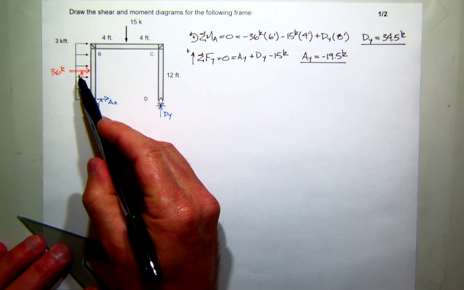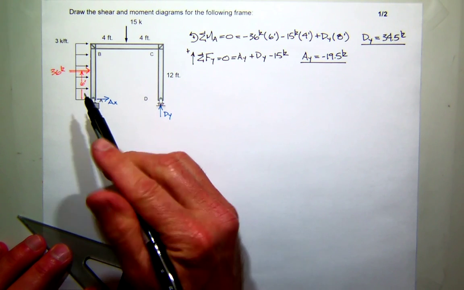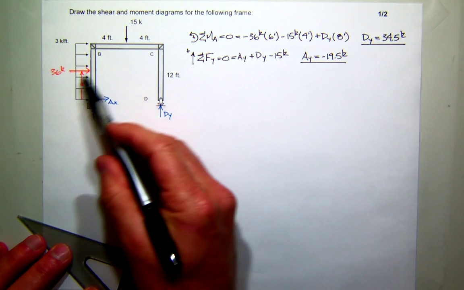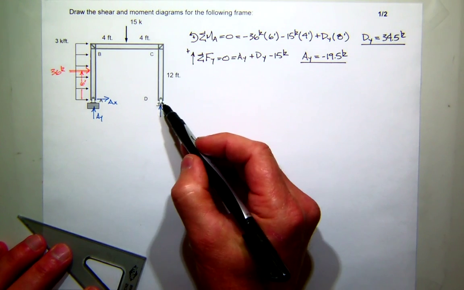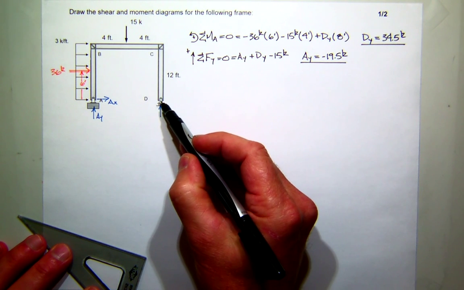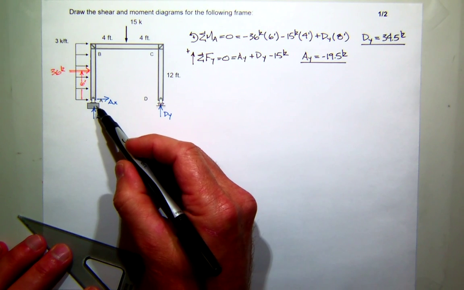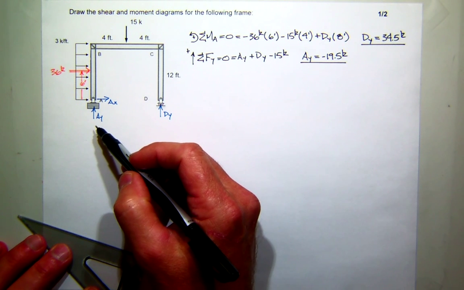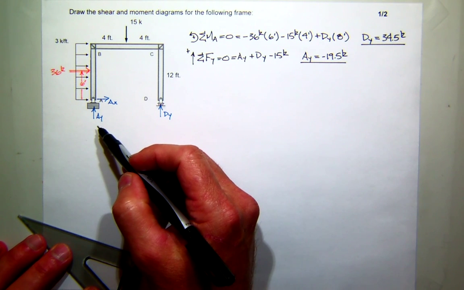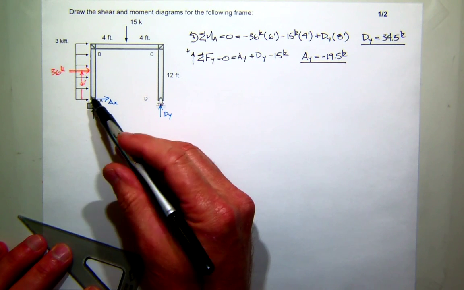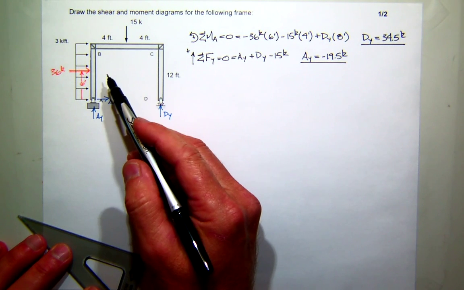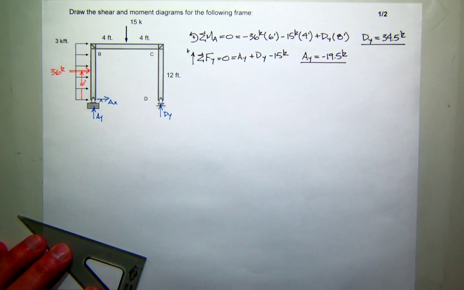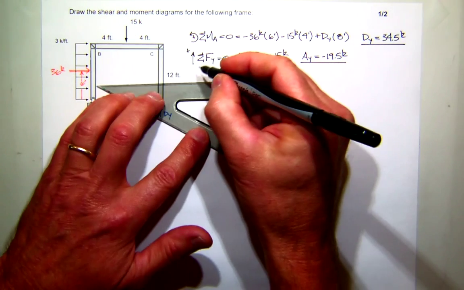This is a pretty large force here, and it's attempting to really overturn the frame, to basically cause it to rotate about D. So in this case, AY is really holding the structure down. And we've talked about that before in wind loads, tornadoes, hurricanes. A lot of the forces are uplift forces, trying to pick your structure up, and this is a case that's similar to that.